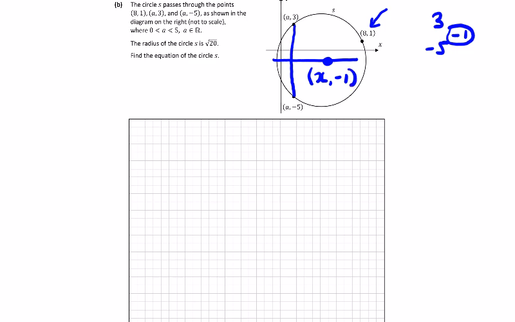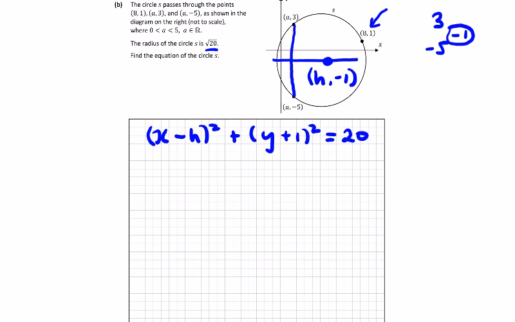And if we fill this into our formula for a circle, because I have x already, I'll call it h. So x minus h squared plus y plus 1 squared is equal to r squared, and r is root 20, so r squared is going to be 20.